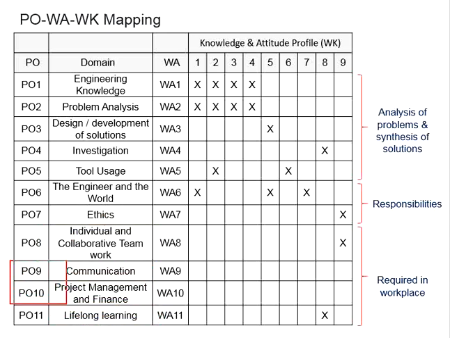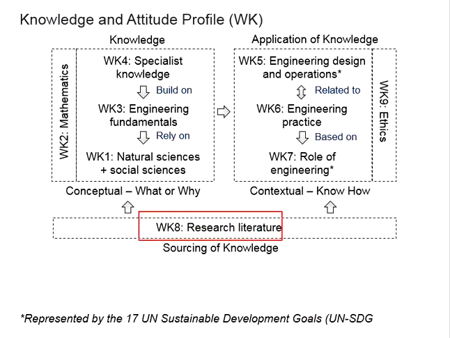For PO9 and PO10, it is not designated to any of the knowledge and attitude profiles, as these are generic. As for PO8 related to teamwork, WK9, which is ethics, shall be relevant. As for lifelong learning, WK8, which is research literature, shall be relevant.